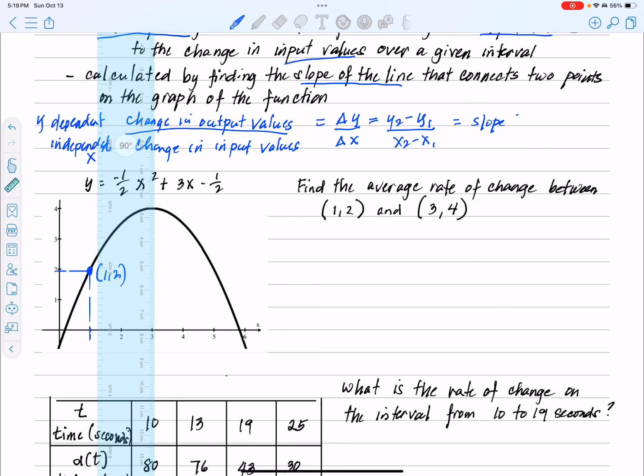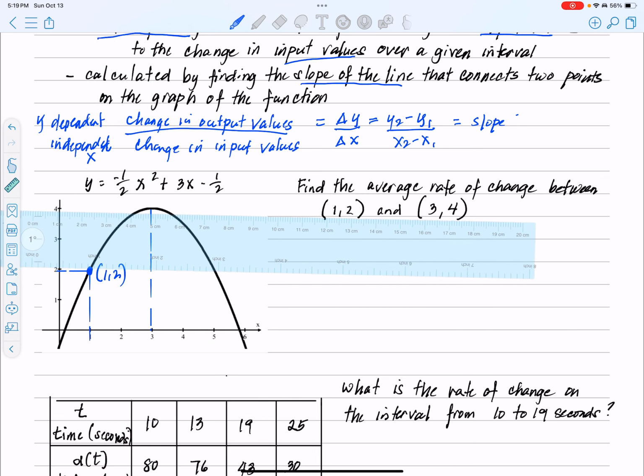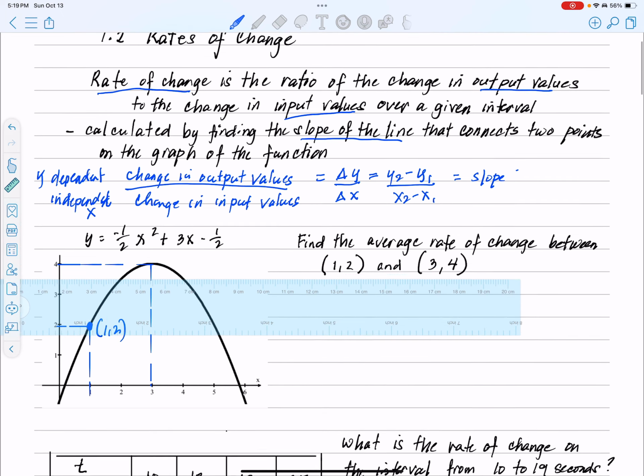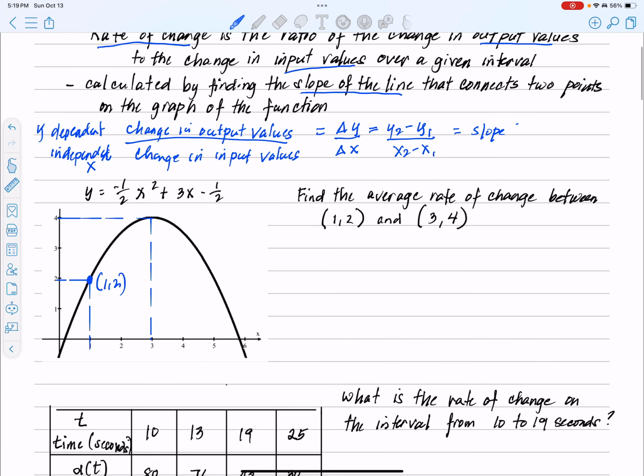So if we do this, we could have here and towards the y-axis from the curve to the y-axis. There. So this point right here is 3, 4.